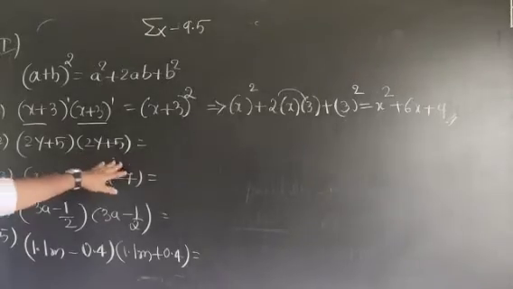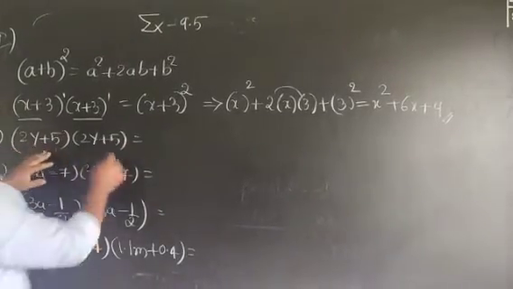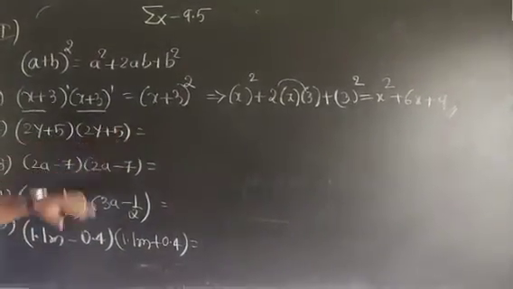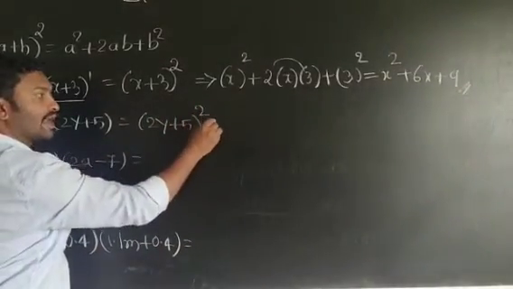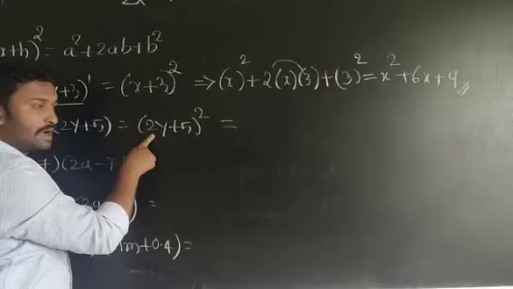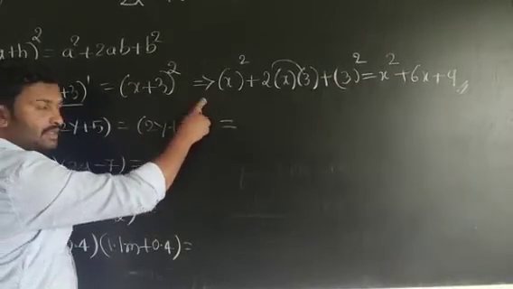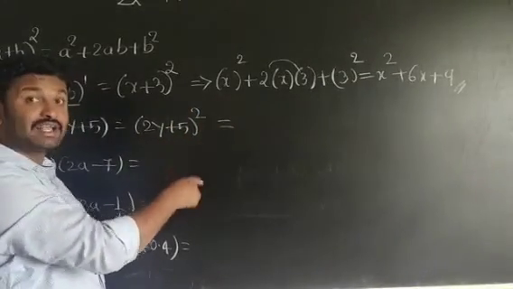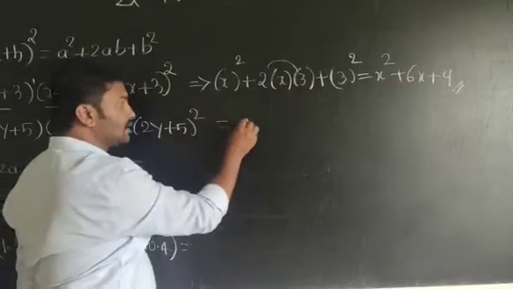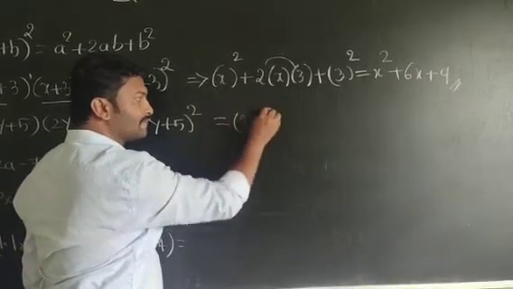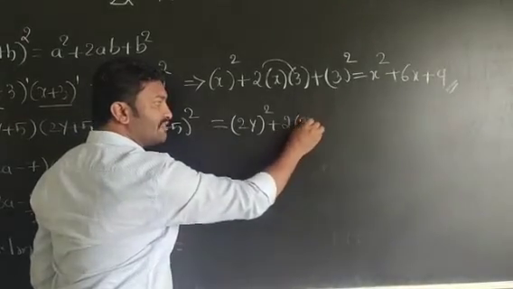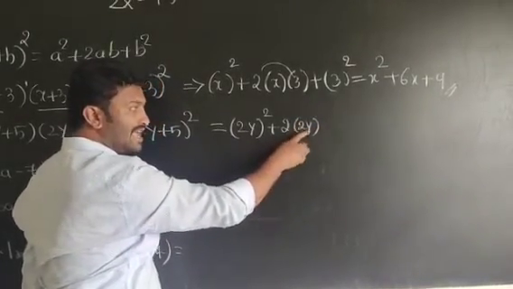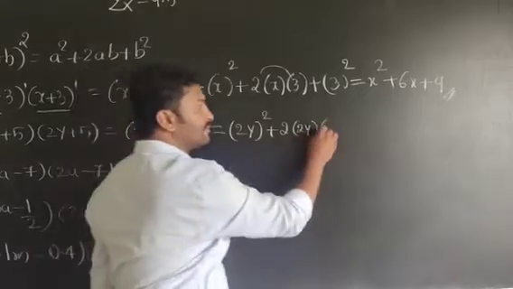Okay, next one is also the same problem. (2y plus 5) into (2y plus 5). I'll write this one as (2y plus 5) whole square. This is (a plus b) whole square. Now I'll use the identity: a square plus 2ab plus b square, where a value is 2y and b value is 5.